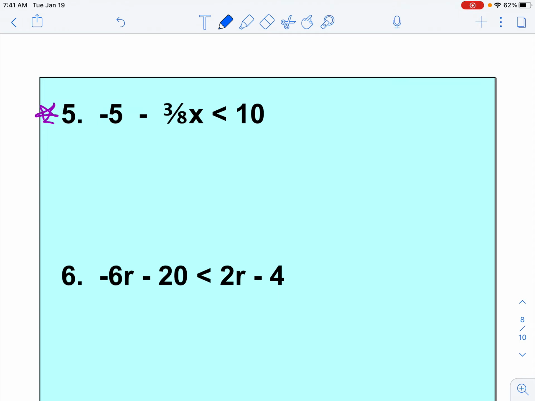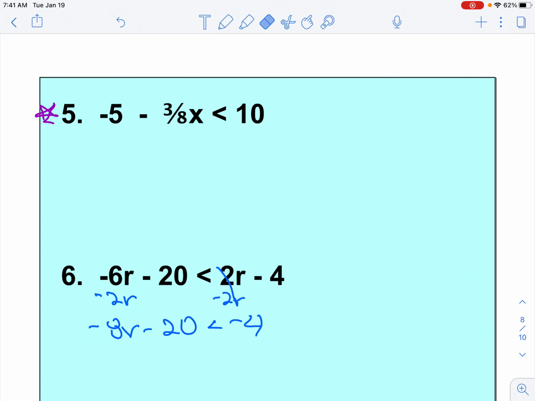Now, in these inequalities, probably the easiest thing to do is to always make sure that you move the variables and make them on the left side. I know sometimes it's going to be easier to keep that positive, but with inequalities, this really does make it simpler. So that's going to give me -8r minus 20 is less than -4.